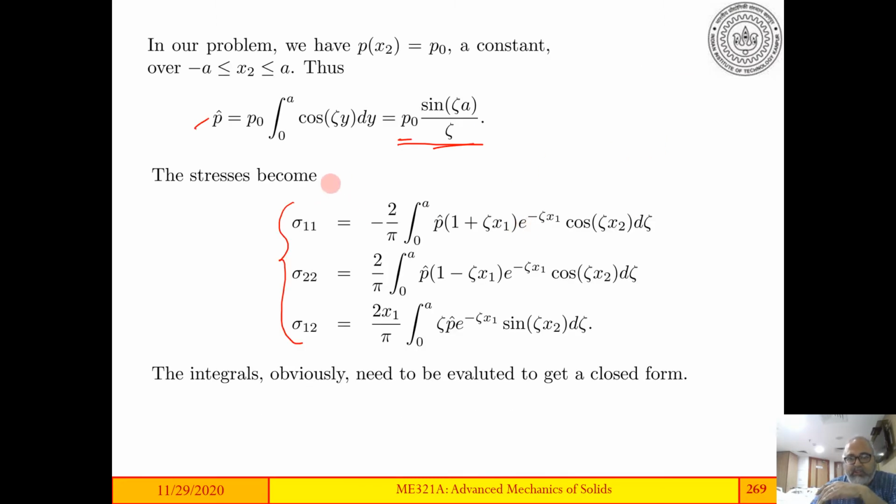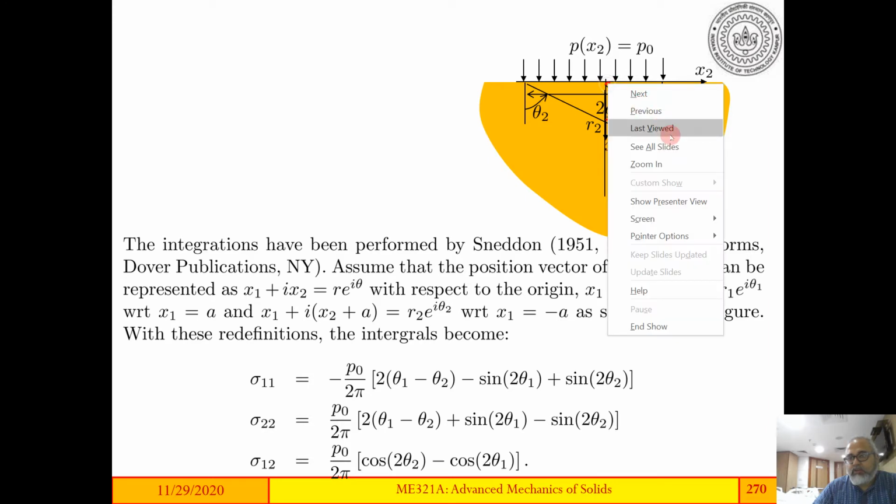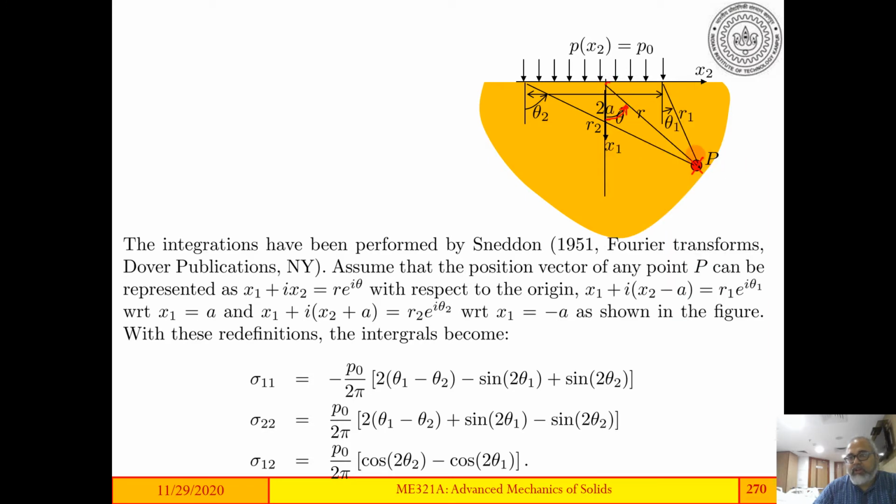These expressions are functions of x1 and x2. So at any point p denoted by x1 and x2, these expressions give you the stresses. Sneddon evaluated them in terms of three angles and distances. The first angle is theta, which this point x1, x2 makes with the x1 axis, and r is the radial distance from the origin to this point.